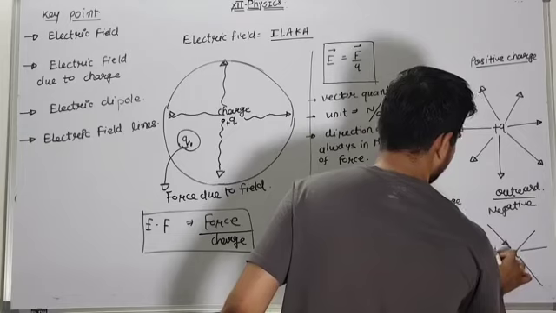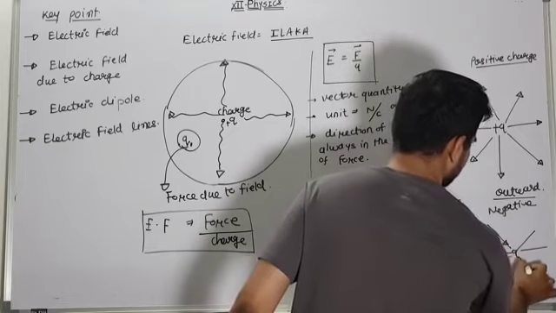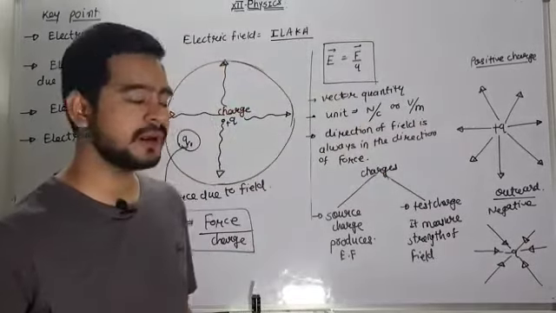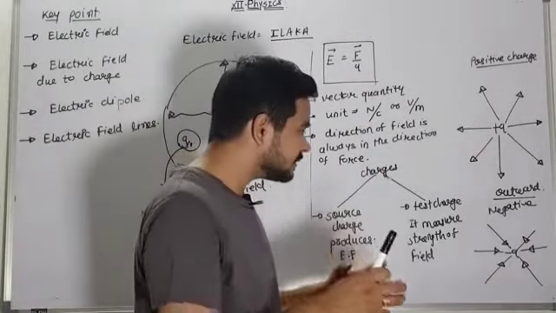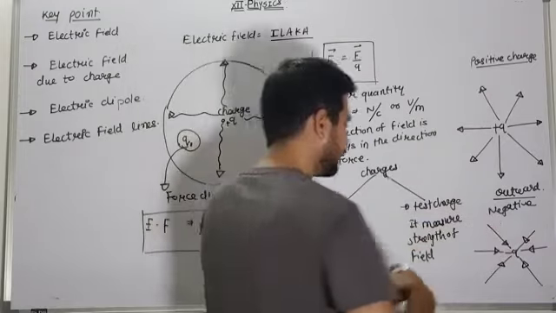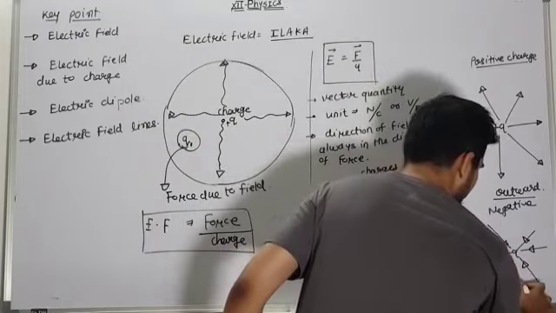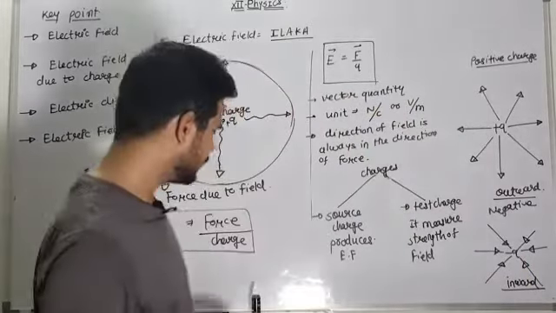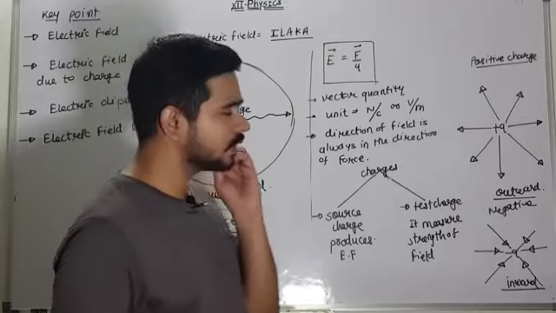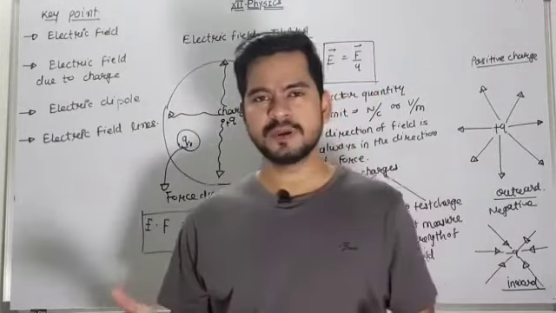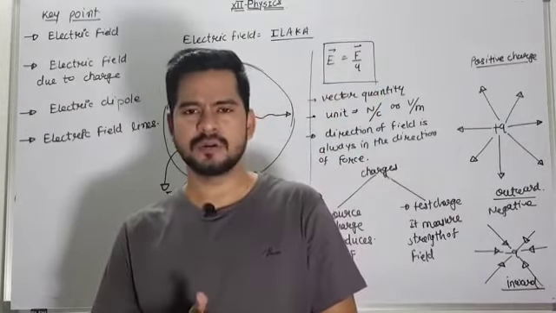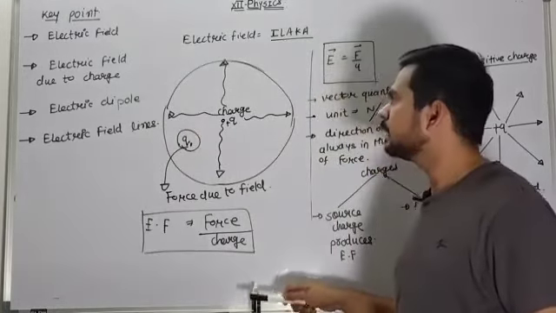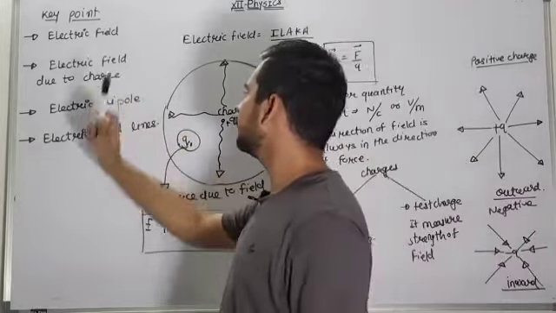Its direction is always inward, toward the charge. It will always try to attract any extra charge that comes from outside toward itself. So for a negative charge we can say that its direction is called inward. Okay, so these are the points which you have to remember. These are very important points related to all the numericals and all the competitive exams. Okay, so take a snapshot, then we will discuss the electric field due to charge.